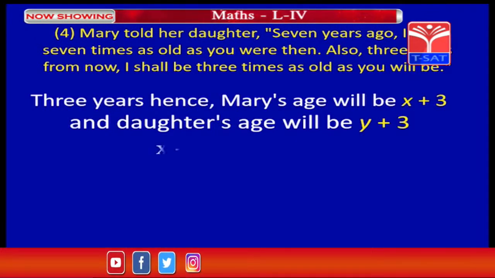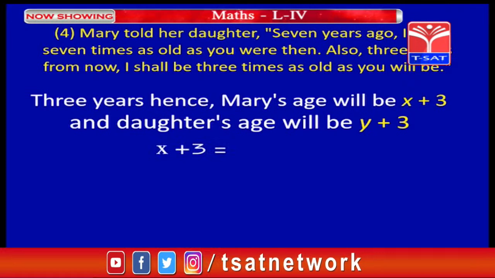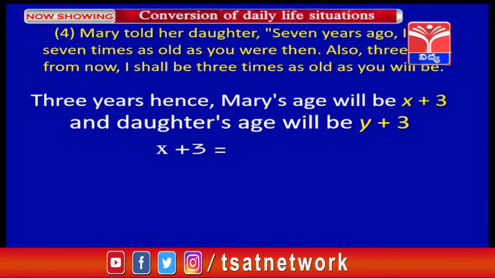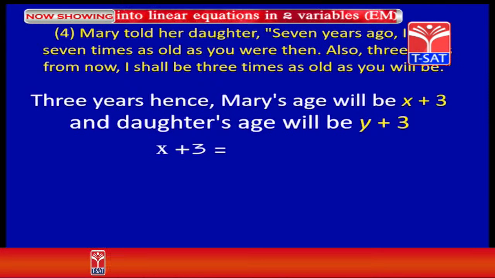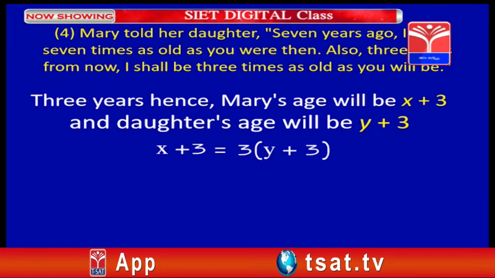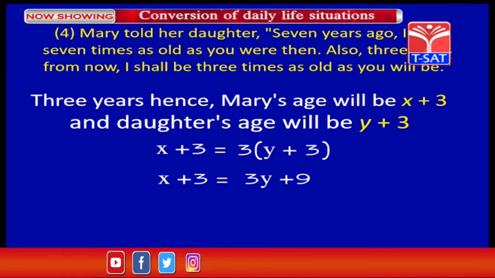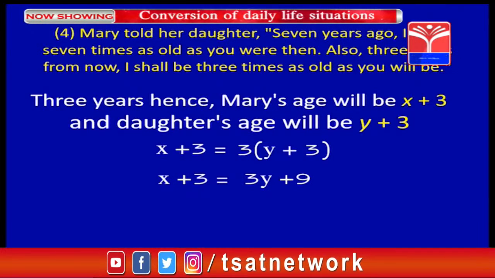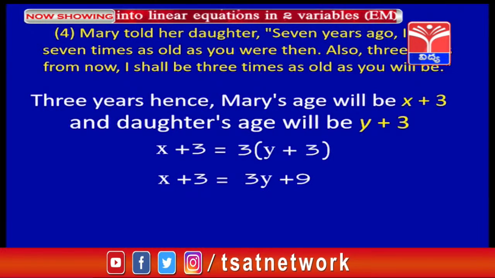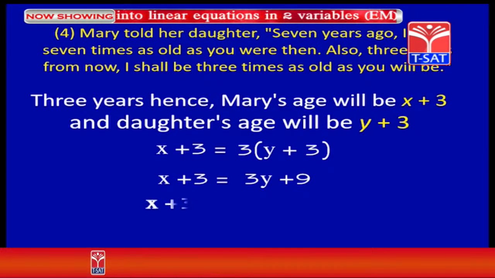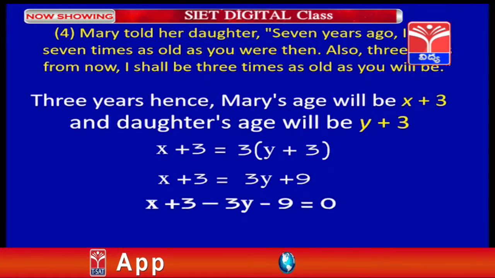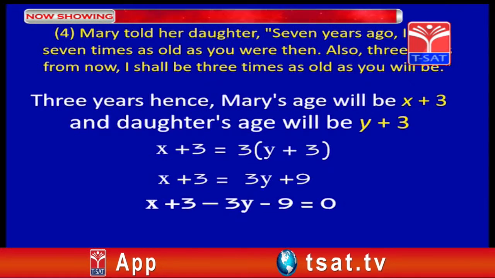And from the given second condition, Mary's age is equal to 3 times her daughter's age. Therefore, X plus 3 is equal to 3 into Y plus 3. By simplifying this, X plus 3 is equal to 3Y plus 9, since 3 threes are 9. If you transpose 3Y plus 9 to LHS, it becomes X plus 3 minus 3Y minus 9 is equal to 0.